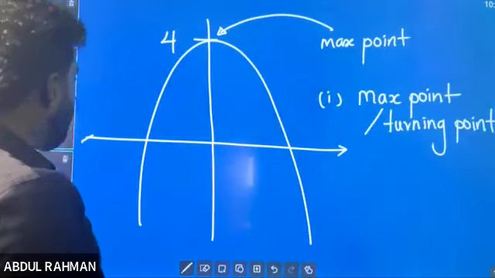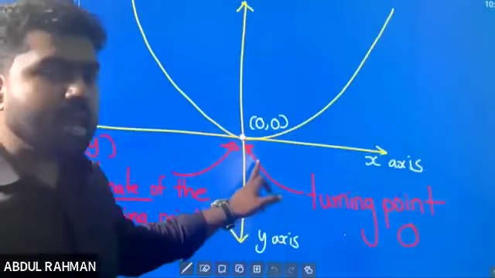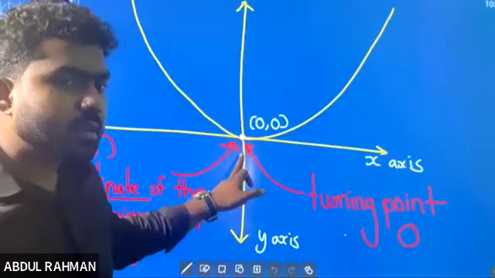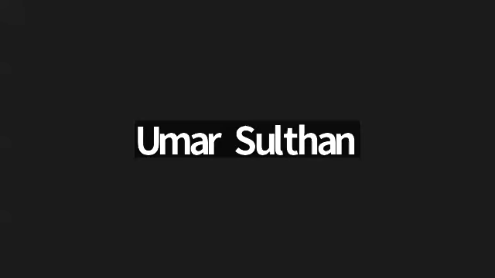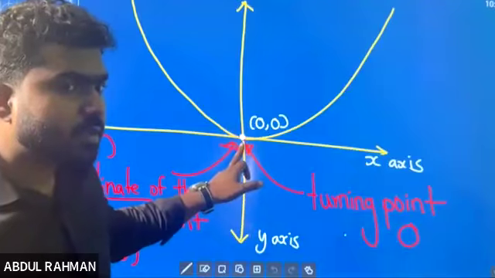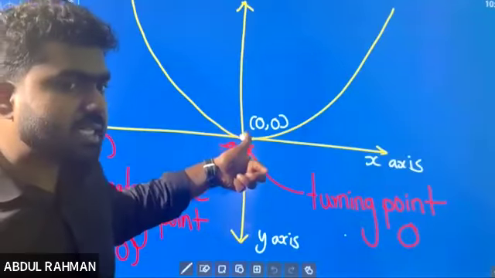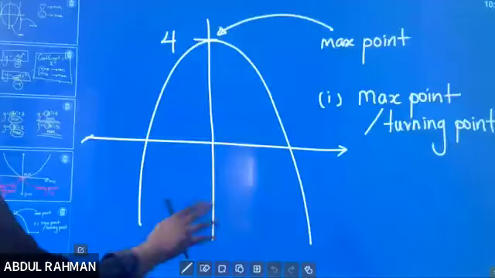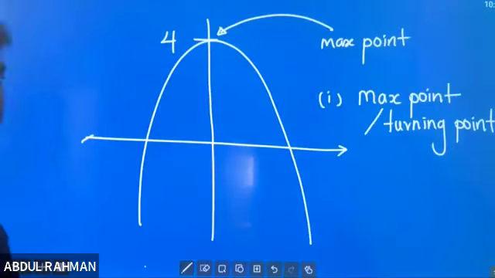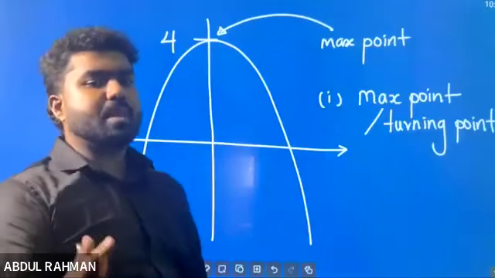That means a minimum graph will have what point? Turning point. Say? Turning point. Minimum graph will have what point? Maximum graph is having a maximum point. Minimum graph will have minimum point. Yes, you are correct. So a maximum graph only can have a maximum point and minimum graph can have a minimum point.